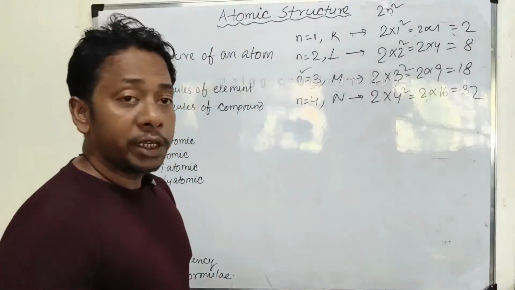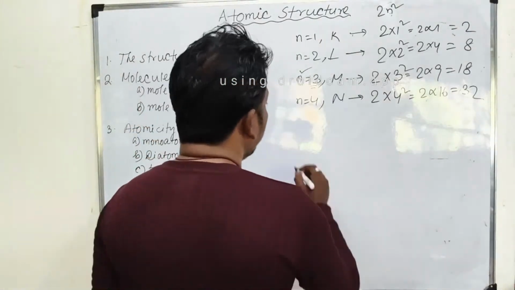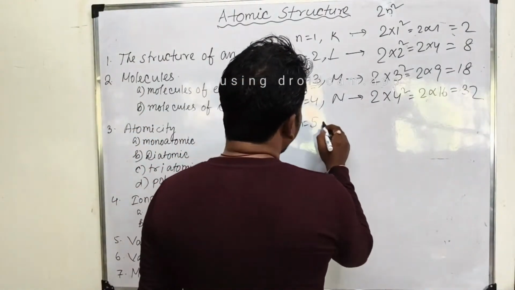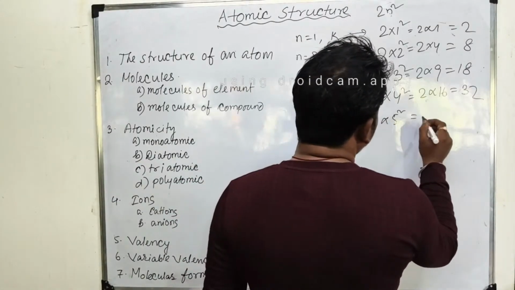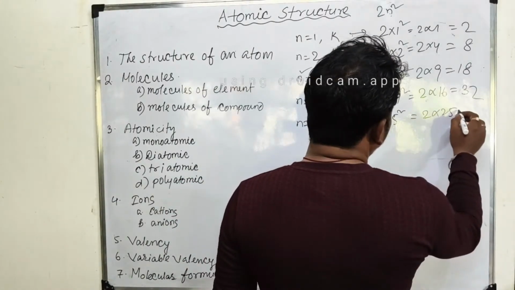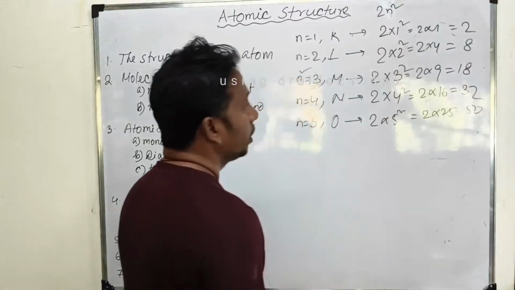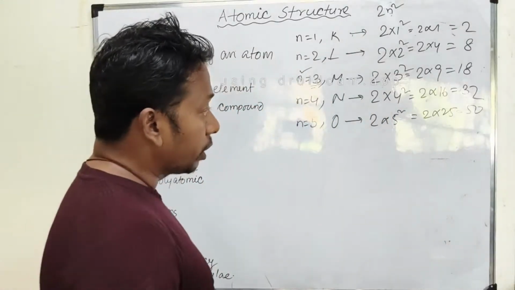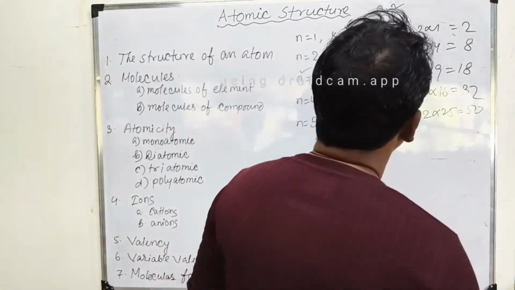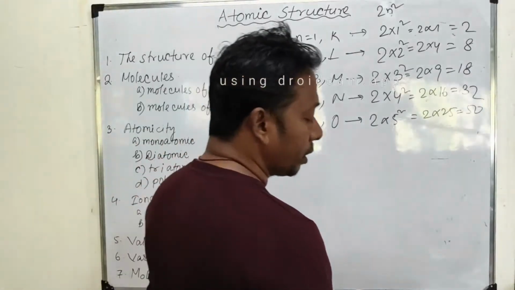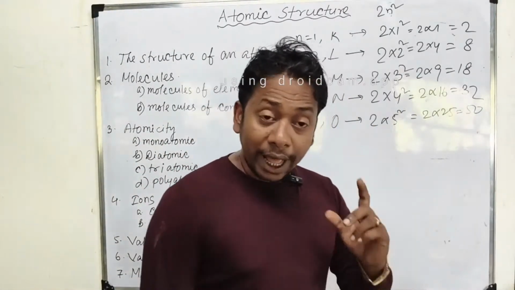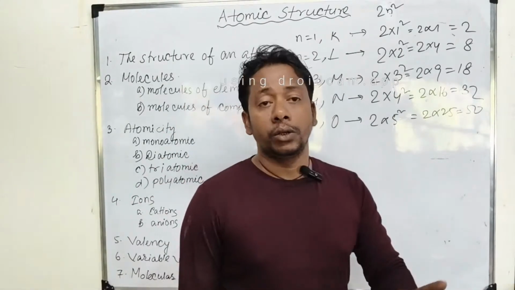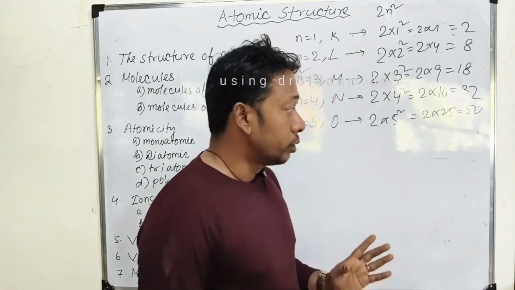So in the N shell, a maximum of 32 electrons can be held. For n equals 5, the O shell, 2 into 5 square, 2 into 25, 50. In that way, electrons can be stored in the inner shells. But remember one thing: in your syllabus, the last shell contains only 8 electrons, not more than 8 electrons.